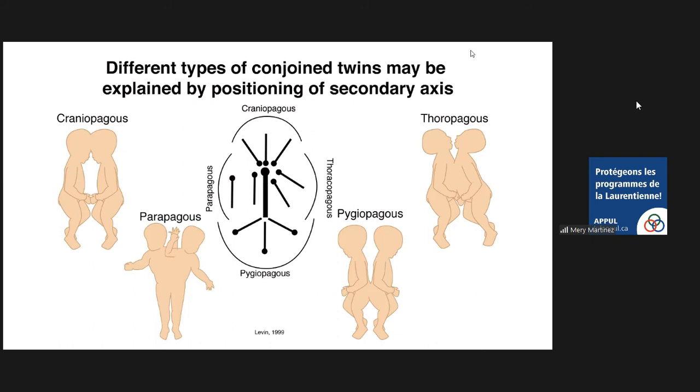Sometimes, as in thoracopagus twins, which are twins that are joined at the thorax, you will get a lateral organizer coming to fuse with the original organizer. And in pygopagus twins, that's when they are joined at the posterior of the embryo. And if an organizer starts there, it might join with the original primitive streak in development towards the posterior of the embryo.